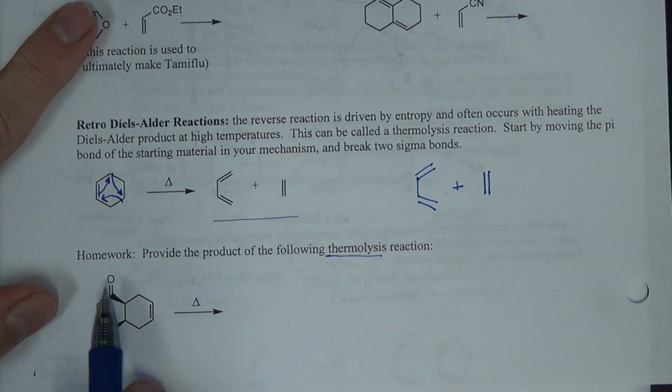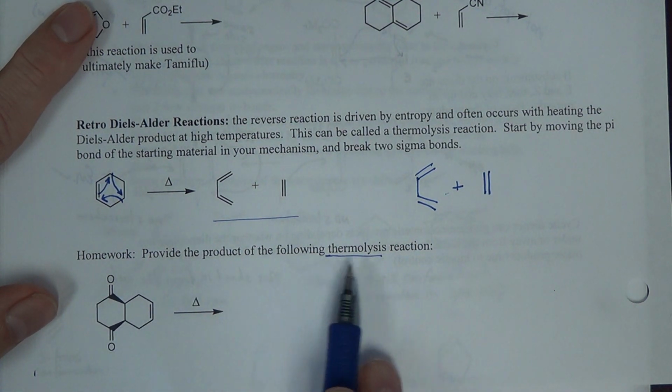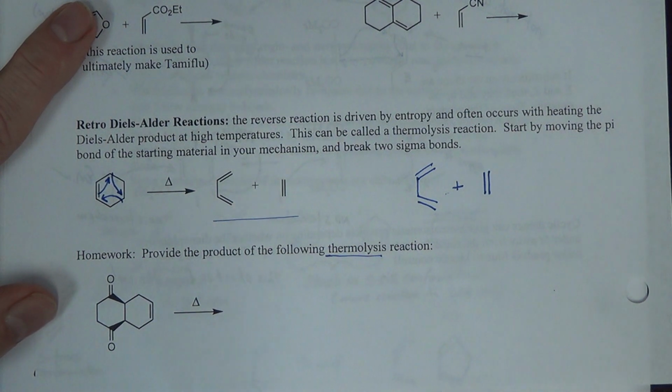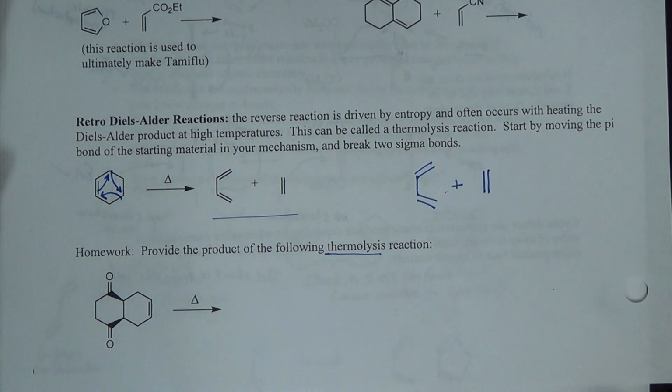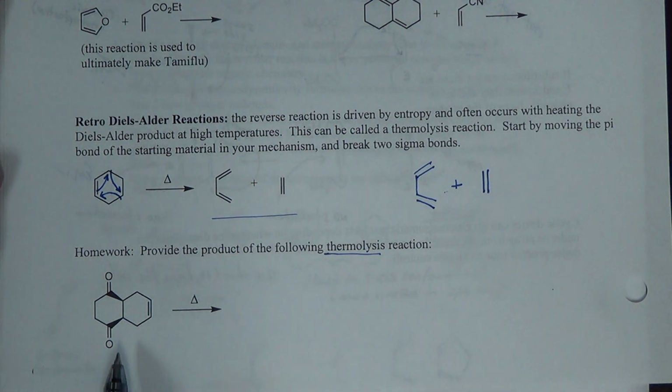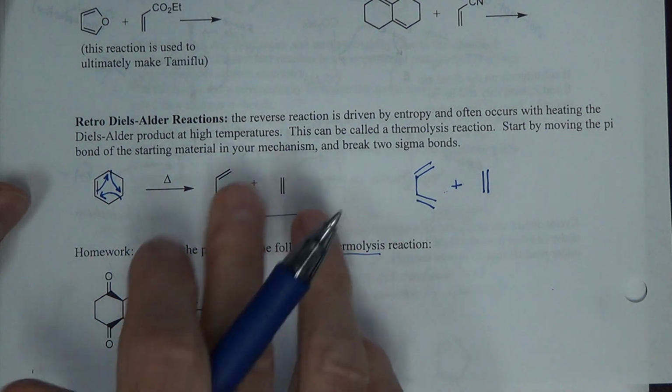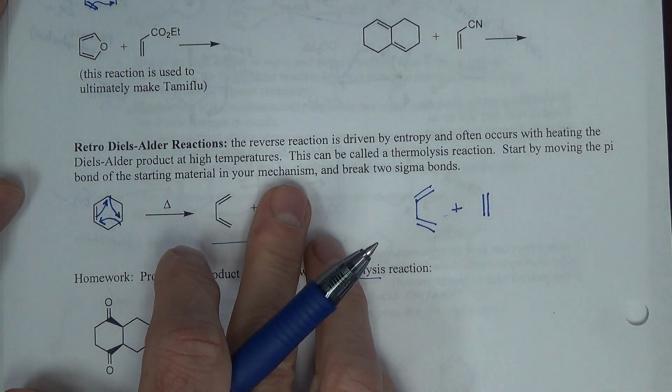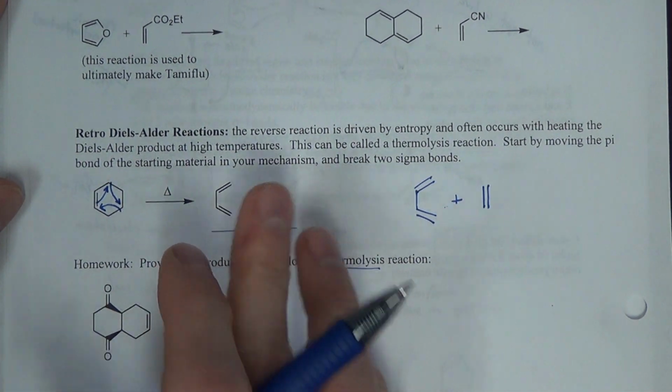So for another homework problem, provide the product of the following thermolysis reaction. And again, what do I see? I see a cyclohexene. Cyclohexenes are made by Diels-Alder reactions.